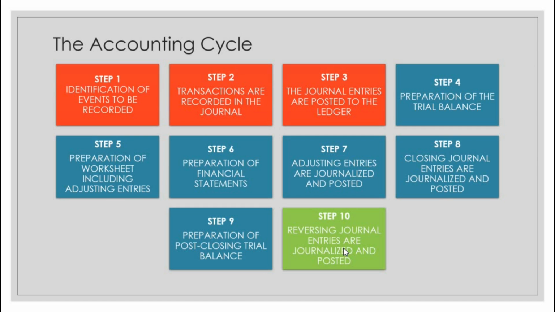So when you prepare reversing journal entries, you record that on the first day of the next accounting period. For example, if you ended December 31, 2019, the reversing journal entries will be recorded by January 1, 2020.